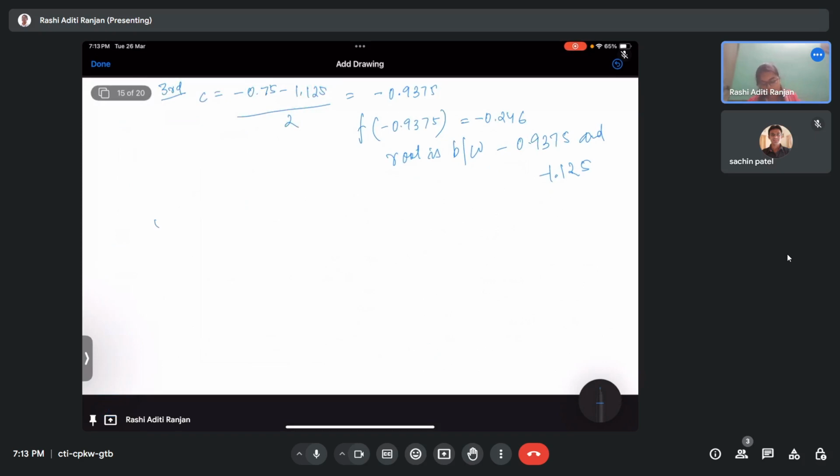Now if I go to the fourth iteration, I'm going to get c as the average of these. So now that c comes out to be this, you can again compute the value. It would come out to be, I guess, positive. Yes, it is going to be positive. So I'm not taking any further iteration up till now.